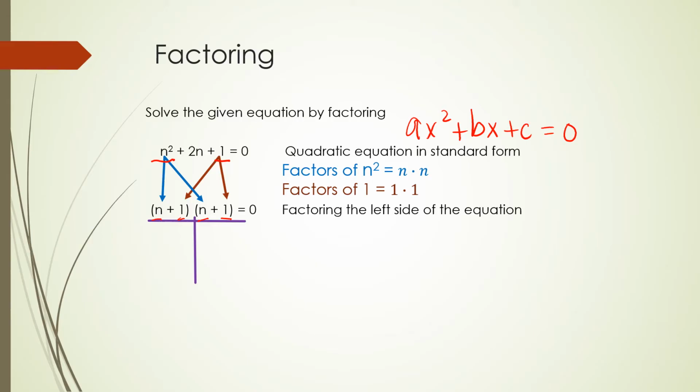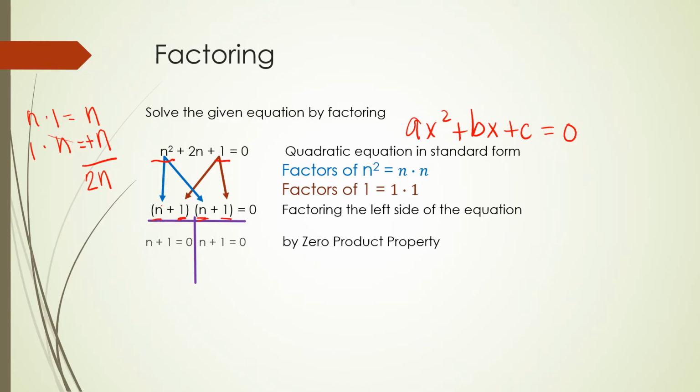How to get the middle term? Middle term, you have to multiply the outside and inside. Okay? Outside, n times 1. So, you have n times 1 is equal to n. And then, you have 1 times n. 1 times n is also equal to n. And then, you're going to add. What is n plus n? So, that is 2n. Yun yung middle term.